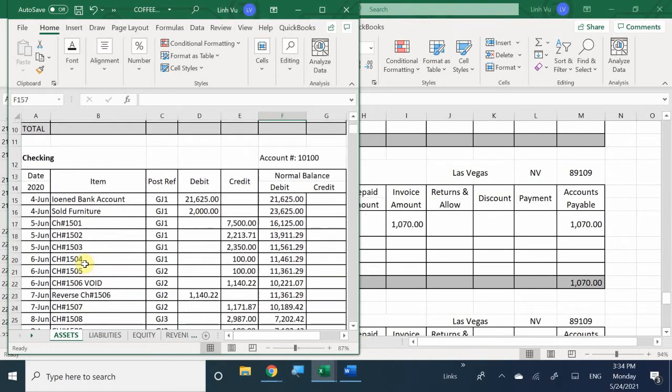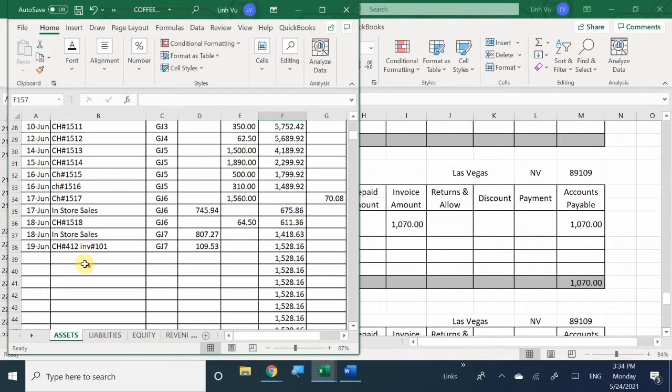And now we go to checking on our assets. Check number 1519, General Journal 8. Where are you at right now?